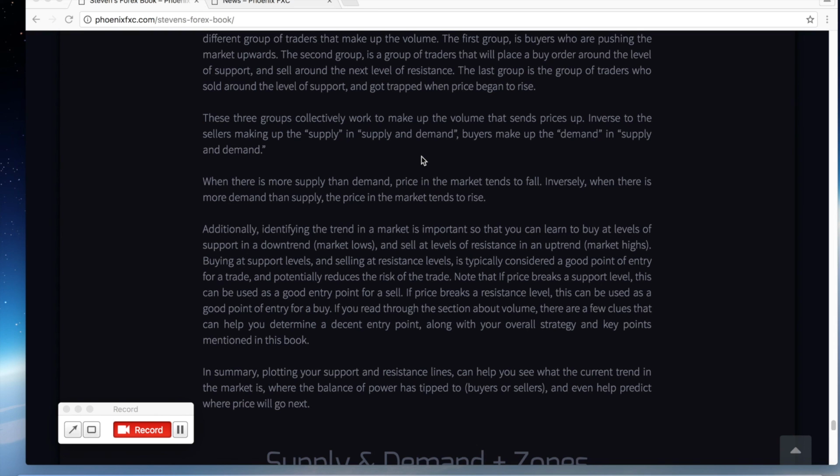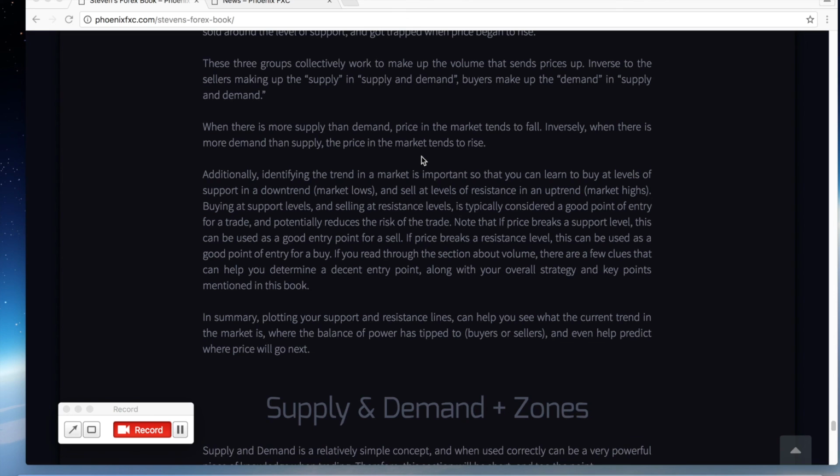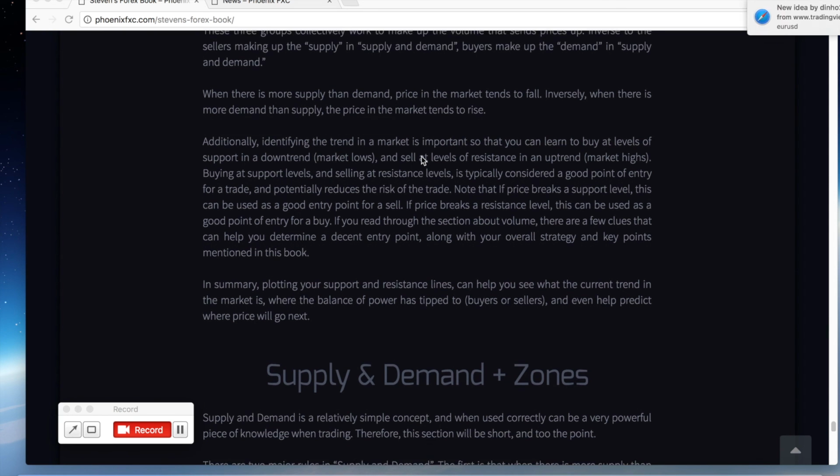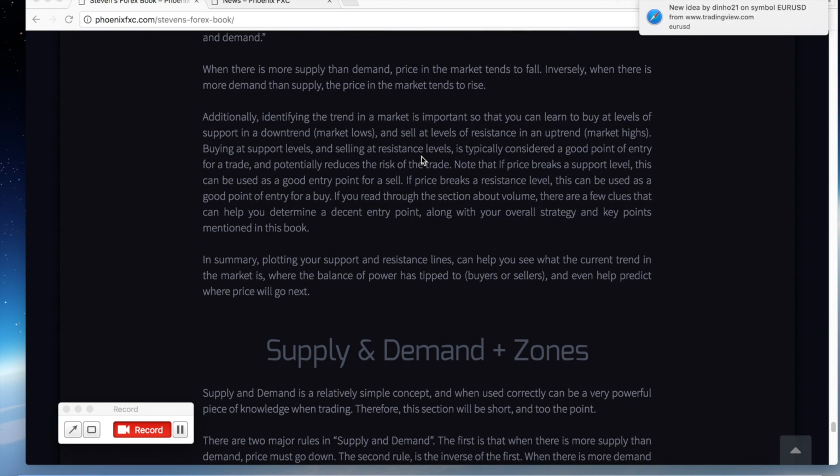So this is cool. When there is more supply than demand, the market price tends to fall. Inversely, when there is more demand than supply, the price in the market tends to rise. Additionally, when you're identifying a trend in the market, it's important that you learn to buy at levels of support in a downtrend, market lows, sometimes called valleys, and sell at levels of resistance in an uptrend, market highs, sometimes called peaks.